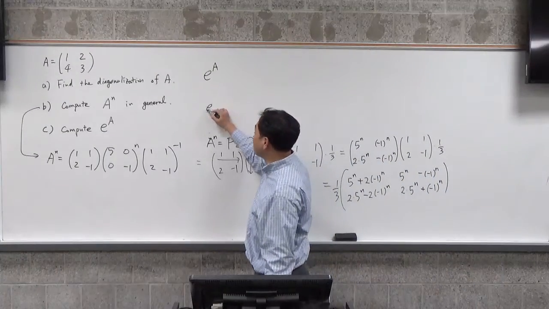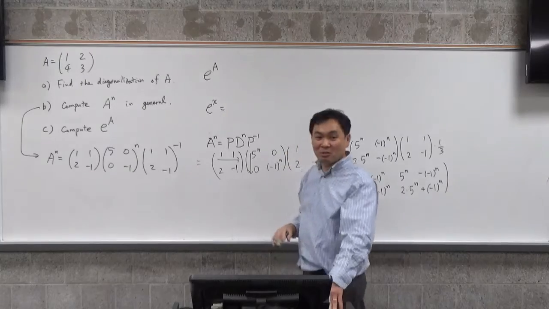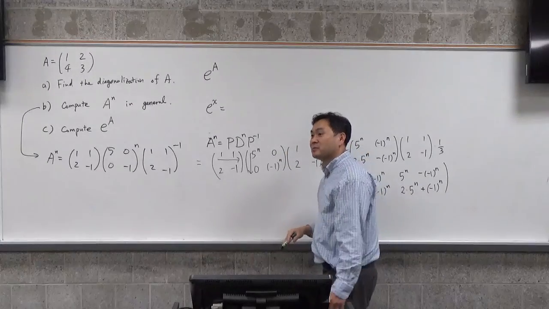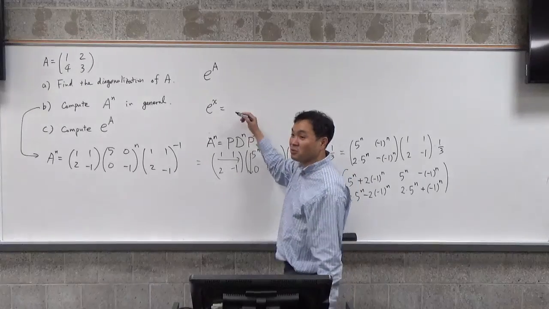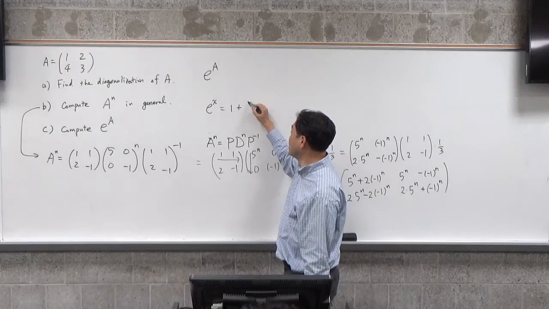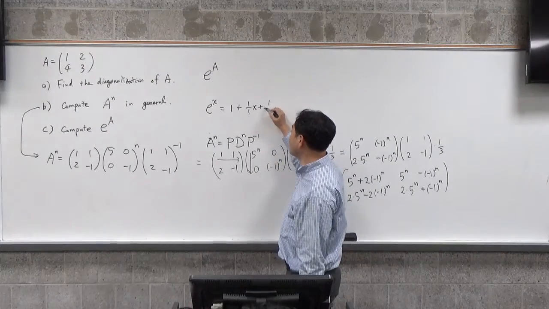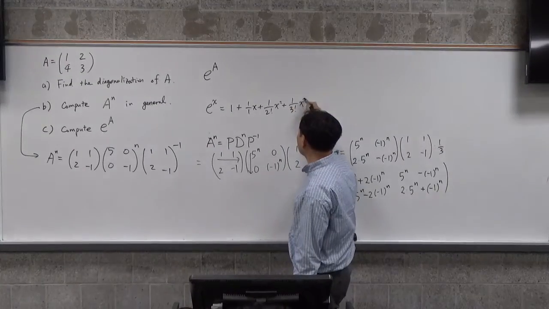What is e to the x as a polynomial? Is there such a thing? How do you write e to the x as a polynomial? Oh, the Taylor series. What's the Taylor series of e to the x? 1 plus 1 over 1, x, 1 over 2 factorial, x squared, 1 over 3 factorial, x cubed.